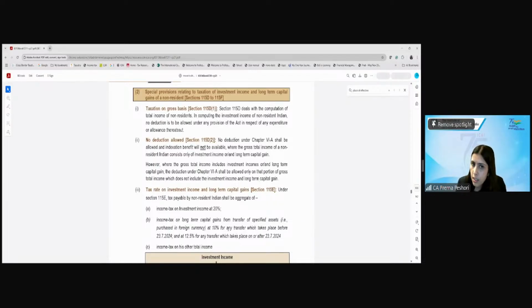Are we clear? And on any investment income in respect of those shares or debentures, it will be 20% on the gross basis, without allowing any expenditure.